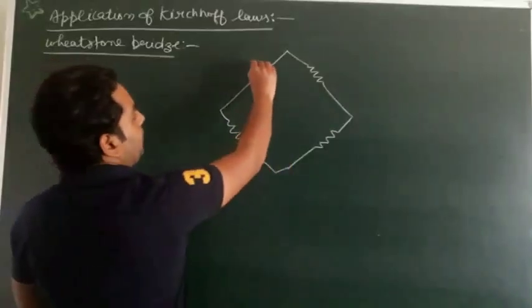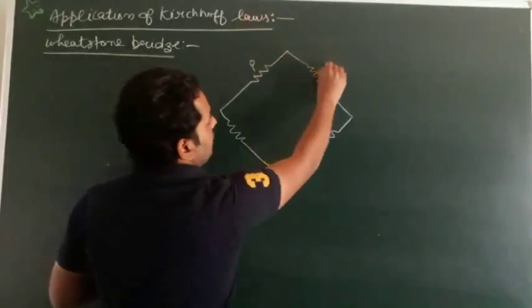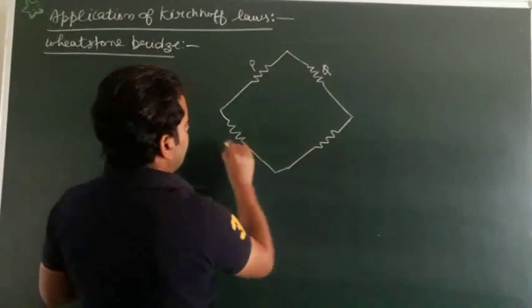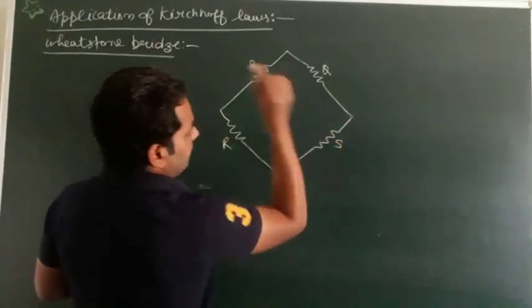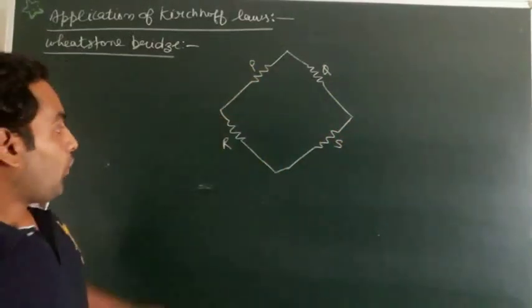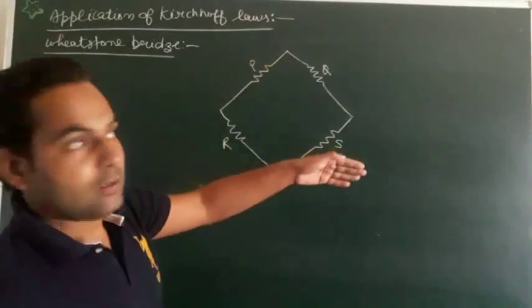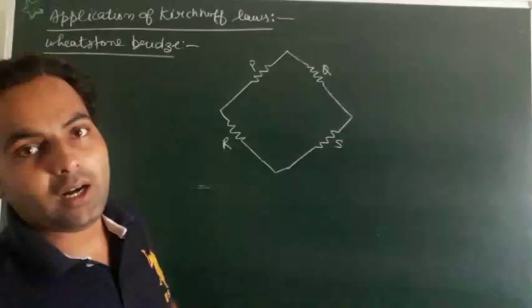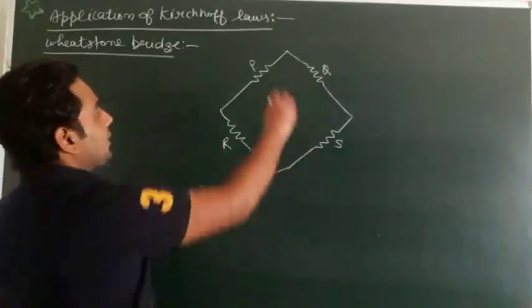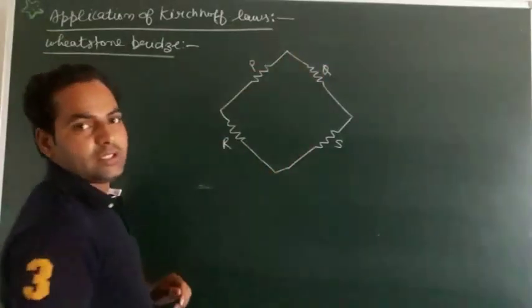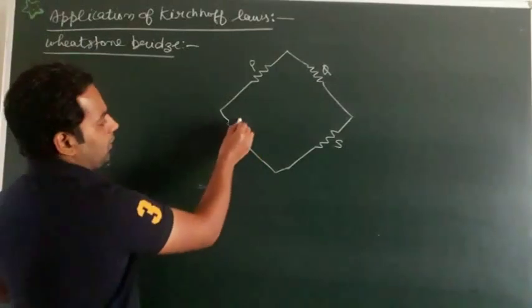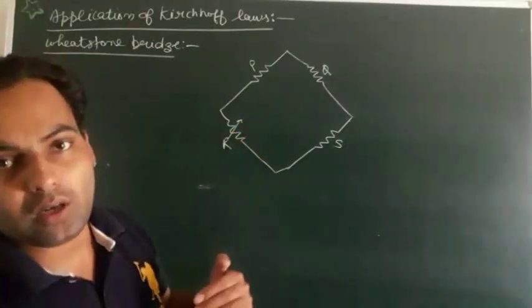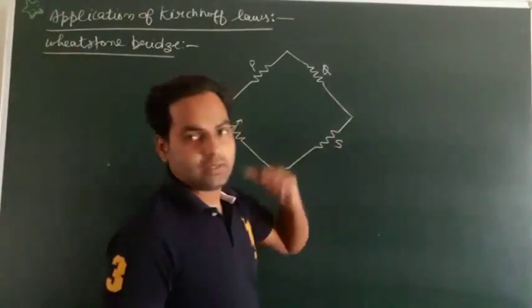For example, this is P, this is Q, that is R, and that is S. Of these four resistors, two are of fixed resistance, one is variable, and one we have to find. For example, if P and Q are the fixed resistances and R is variable, meaning we can change the value of R, we have to find the value of S.